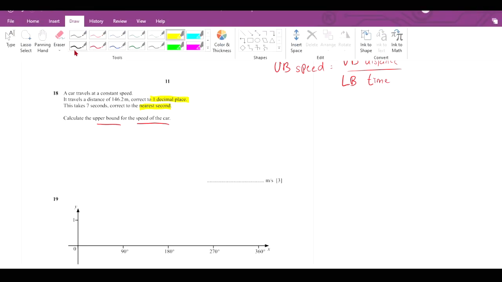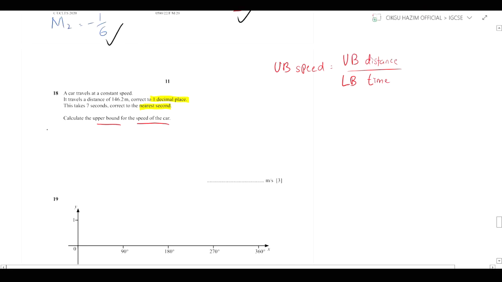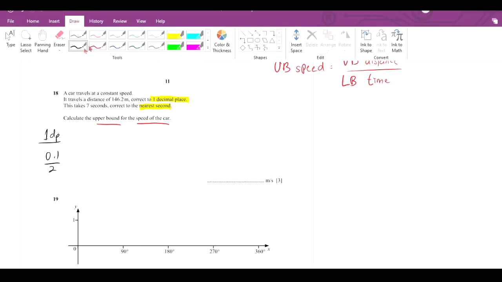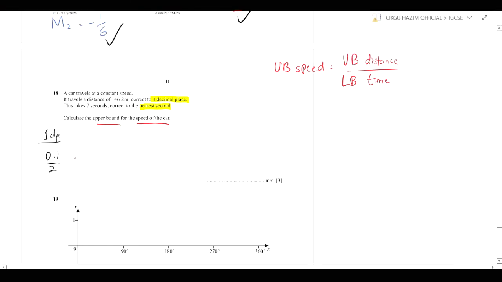How do we do it? It's quite easy: you just take one decimal place, which is 0.1, and divide by 2. So 0.1 divided by 2 is 0.05. For that 0.05, your upper boundary is going to be plus 0.05 and your lower boundary is minus 0.05. That's how we do the upper and lower boundaries.